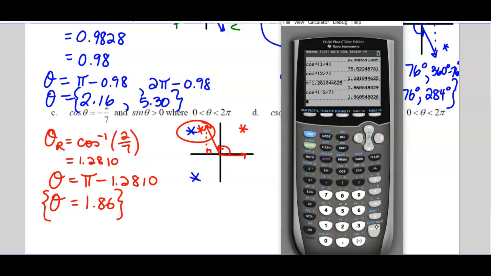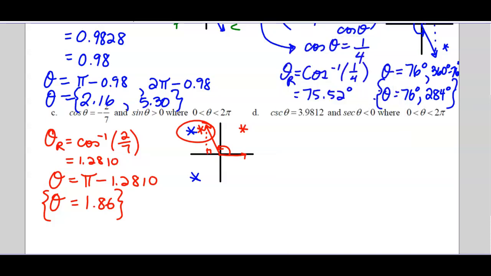The sign, positive or negative, that kind of thing. Okay, so cosecant is the reciprocal of sine. It's a positive value. So where is sine positive?